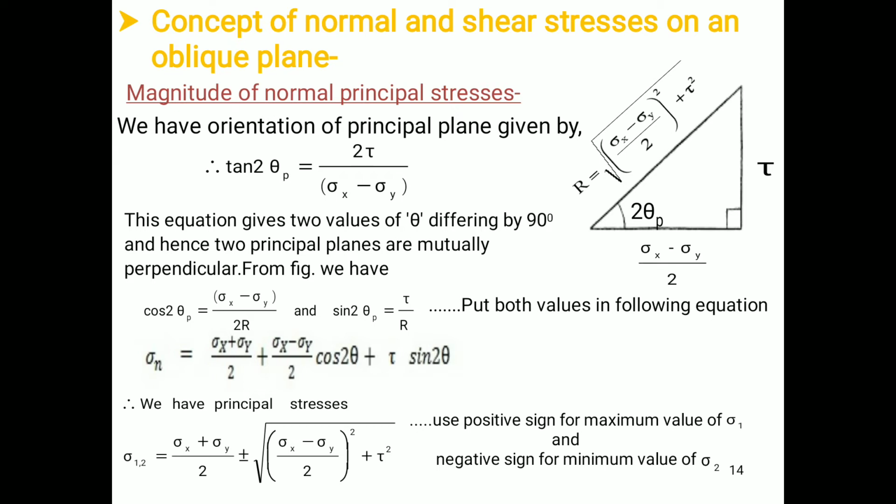What it indicates is that 2 theta p is an angle, and tan is opposite side upon adjacent side. So from this triangle you can see that 2 theta p is an angle, tau is the opposite side, and (sigma x minus sigma y)/2 is the adjacent side. That concept we have used for this particular triangle.